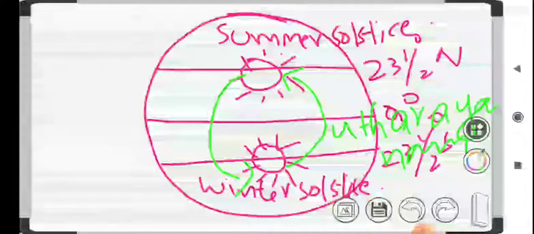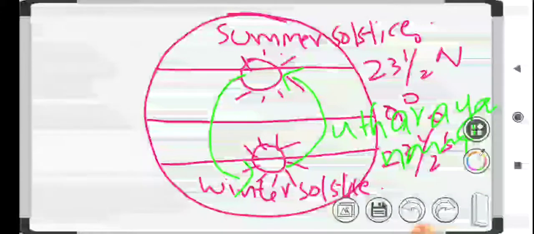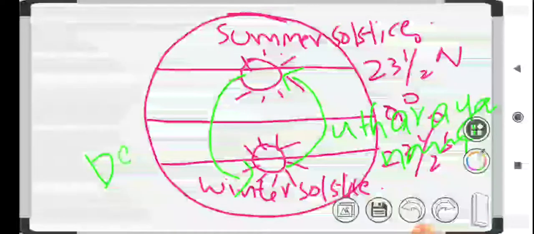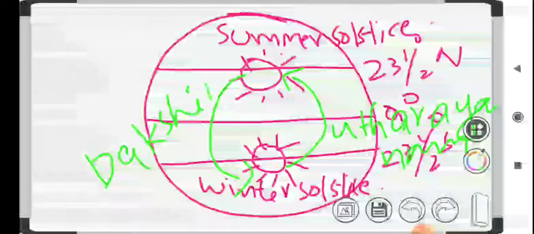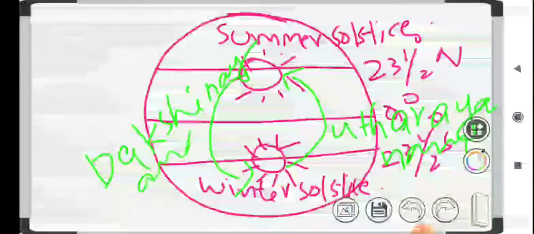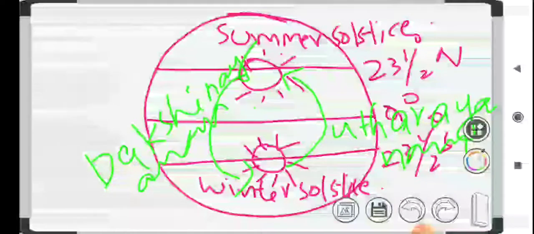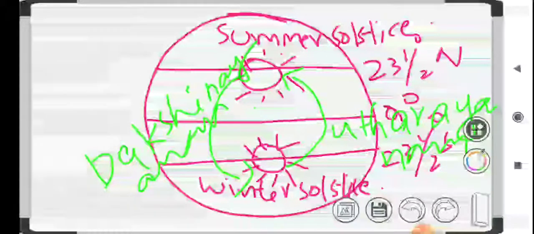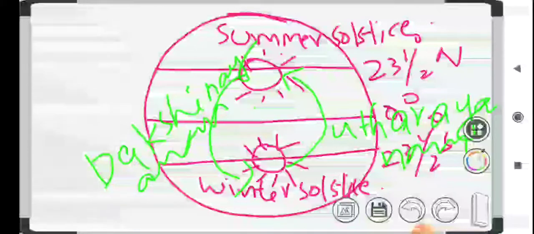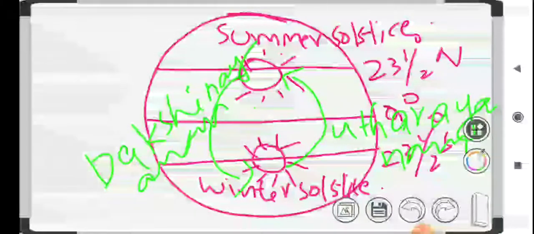In the next 6 months, the southward movement of the sun is called Dakshinayanam. So I think you are clear about the 2 concepts, Uttarayanam and Dakshinayanam. The northward movement is called Uttarayanam and the southward movement of the sun is called Dakshinayanam. Okay.